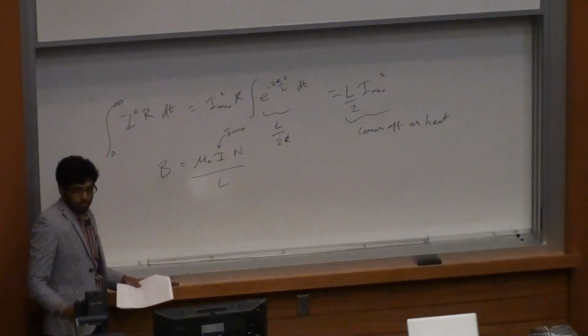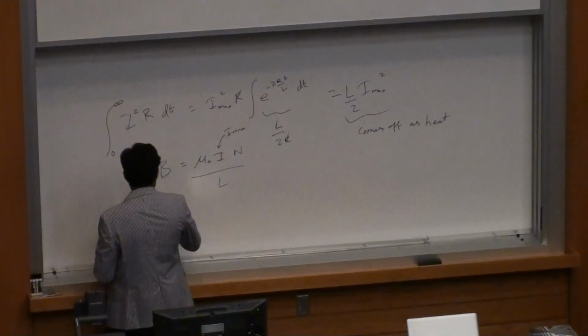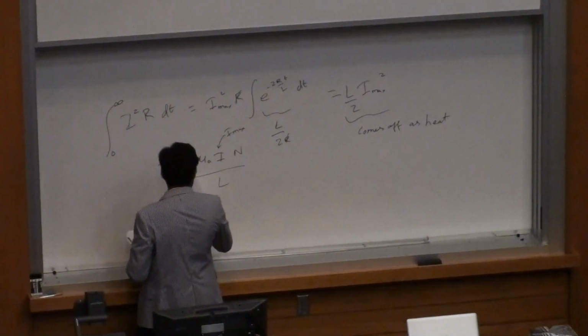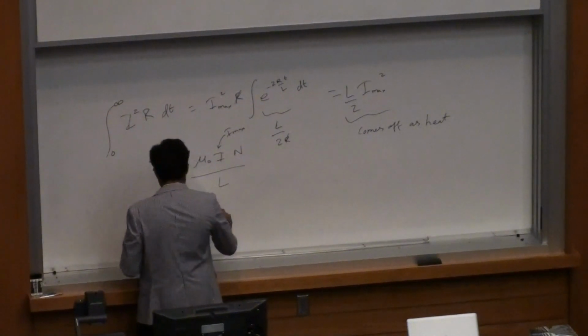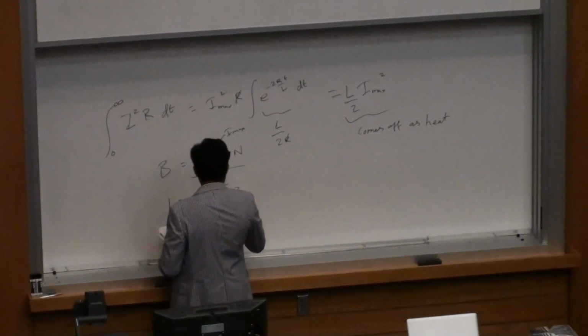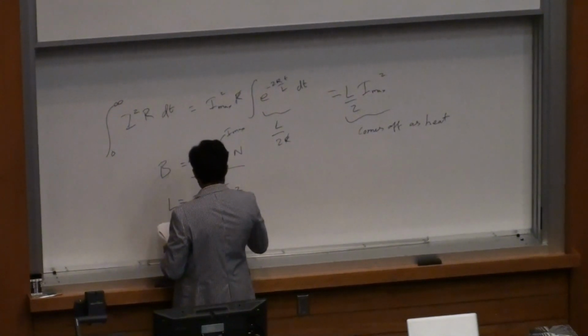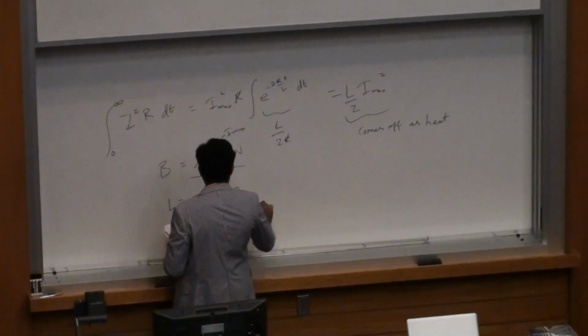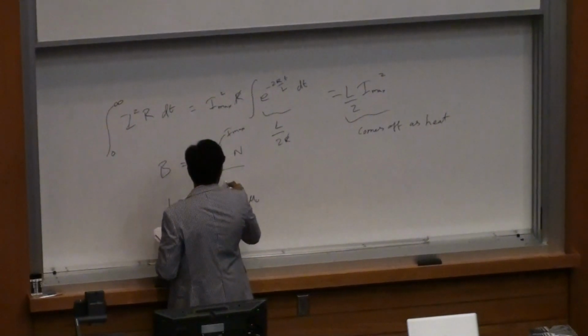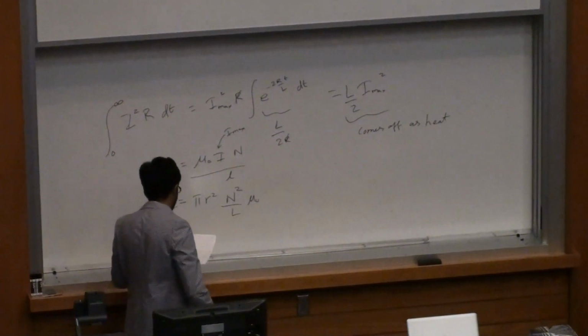I calculated that also a long time ago. My self-inductance for this is pi r squared n squared over L mu naught. I believe this is the length, L. So let's do small l for that.